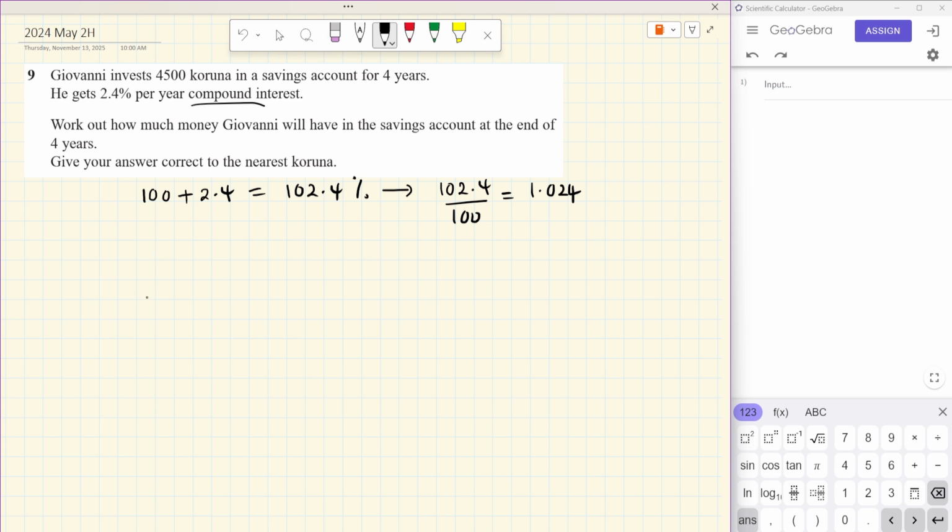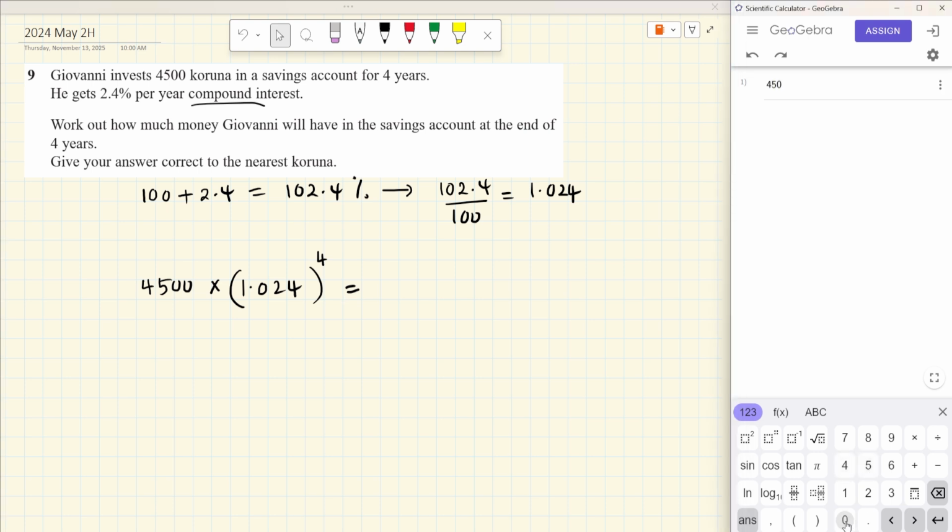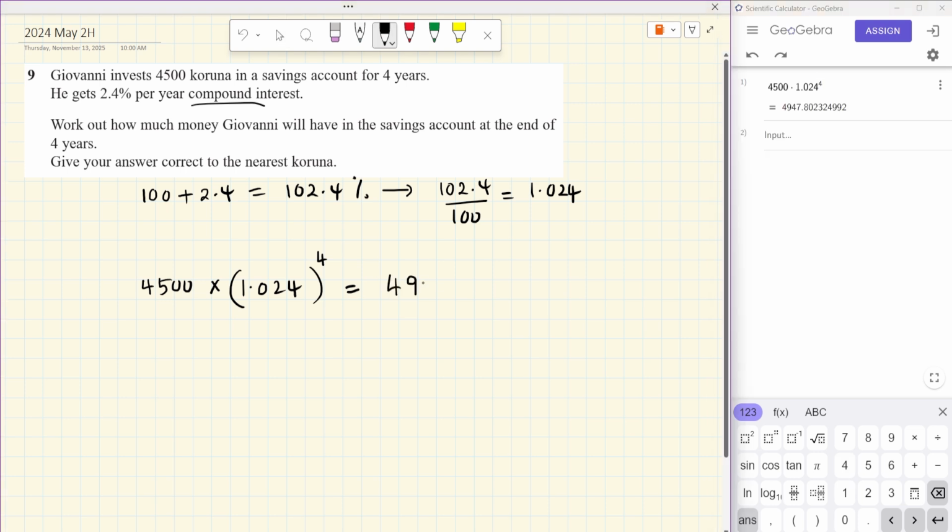What is the initial investment? That is 4,500 into the multiplier, that is 1.024 to the power number of years, that is 4. Let's put this into the calc. 4,500 into 1.024 to the power 4, that is 4,947.8.